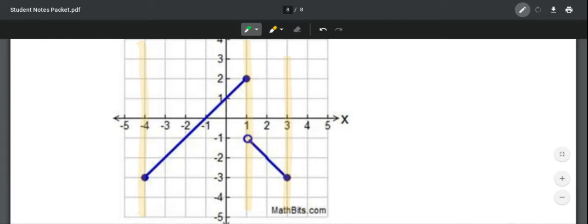So this one, remember, it crosses the y-axis, which we do a little happy dance, because then we can do y equals mx plus b. So then we do up 1 over 1. So if we choose 2, up 1 over 1, 1 over 1 is 1. So our equation is x plus 1.